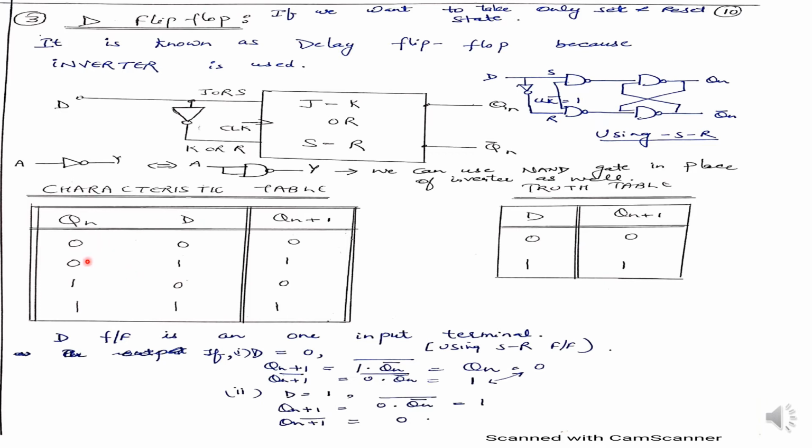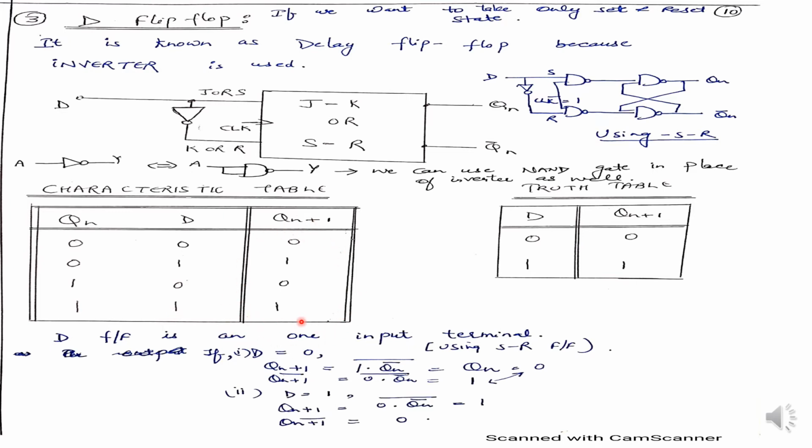So we have made the 8 states there. But here in the D flip-flop, how many combinations? Because there are only how many inputs? 2 inputs. So if there are 2 inputs, how many possible combinations will there be? It will be 2 raised to the power 2 equals 4 combinations. So these are the 4 combinations: 0 0, 0 1, 1 0 and 1 1.